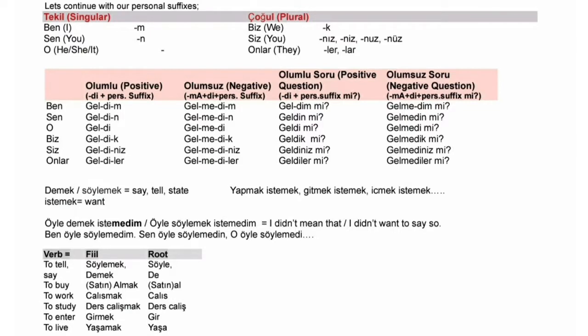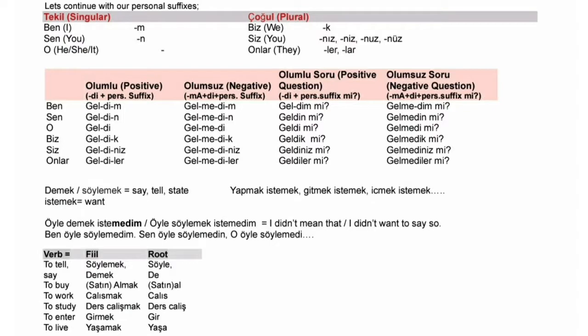We are adding our suffix for the tense, di, and then we are adding our personal suffix for the positive sentence, olumlu cümle. So: ben geldim, sen geldin, o geldi, biz geldik, siz geldiniz, onlar geldiler. By the way, take a screenshot of this page and then you can revise again.